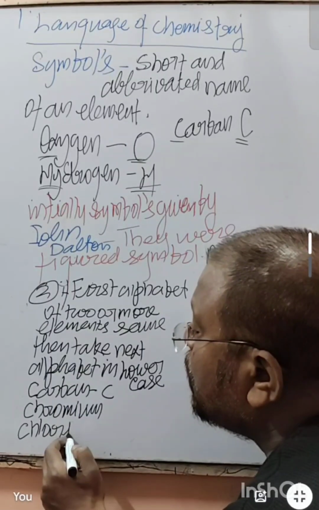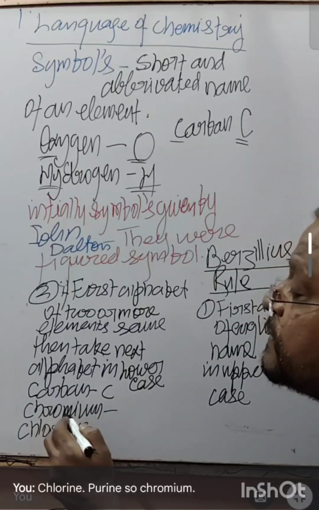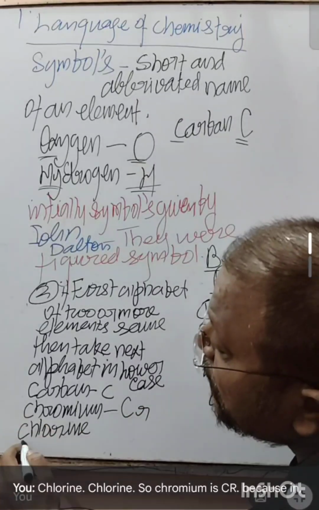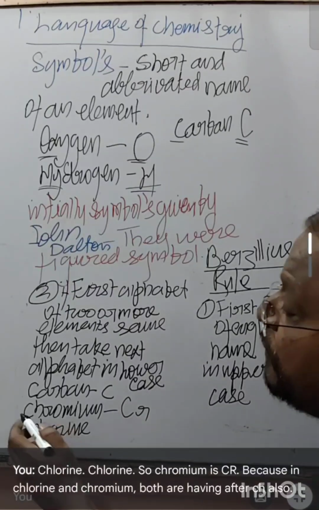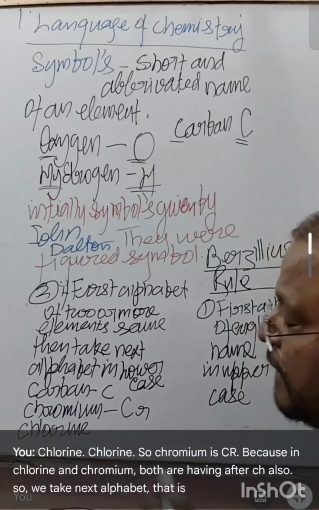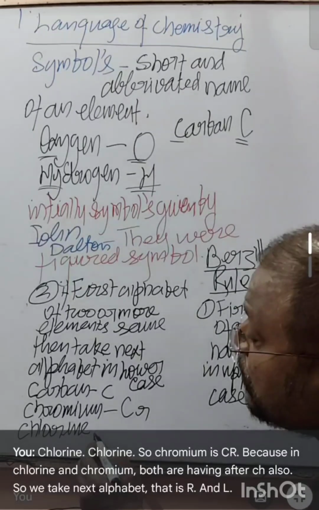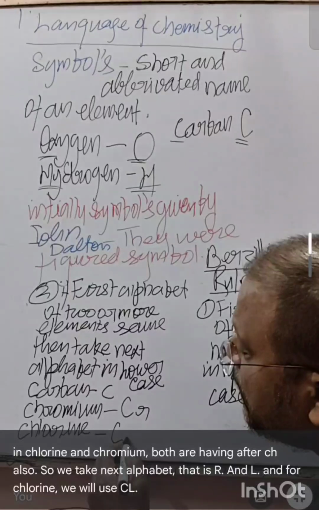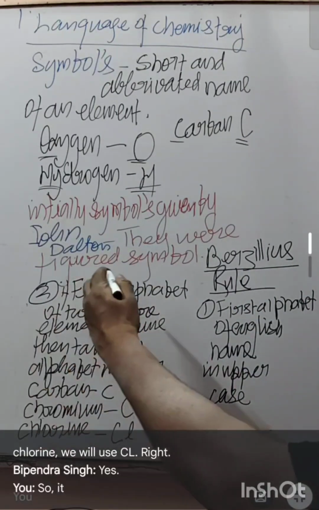Chromium is Cr, because chlorine and chromium both have CH after C. So we take the next alphabet, that is R and L. And for chlorine we will use Cl. Right? Yes, sir. So it is justified.